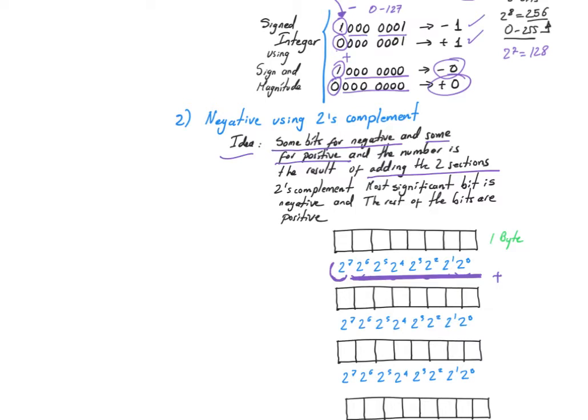So in that manner, let's just start with the most obvious one. What's the representation for 0? So 0 is just all zeros, right? If this is minus 2 to the power of 7, it doesn't matter what the value is because they are all zeros, so the result here would be a 0, right? Now, the representation for 1 would be the same as in unsigned, right? This is 1.